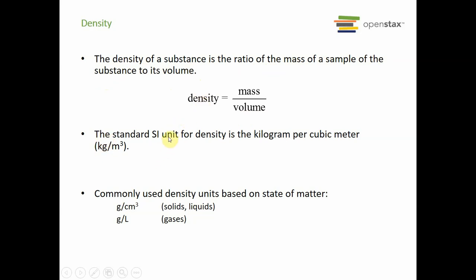The standard SI unit for density is the kilogram per cubic meter, kilogram per meter cubed. But you can have other commonly used density units, depending on the state of matter, grams per cubic centimeter or grams per liter. Air is like 1 point something grams per liter.